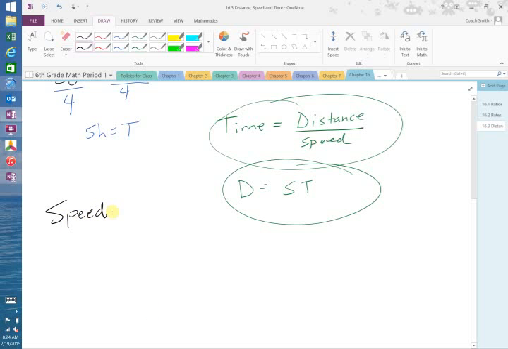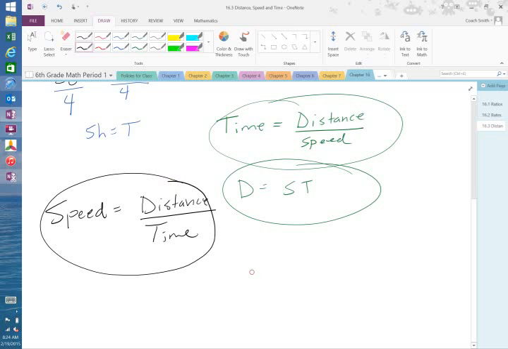If we want to find speed, we simply divide distance by what? There's only one thing left. Time. So that's your third formula. Formula 1, Formula 2, Formula 3. Those are the 3 formulas that you're going to use today in these problems.